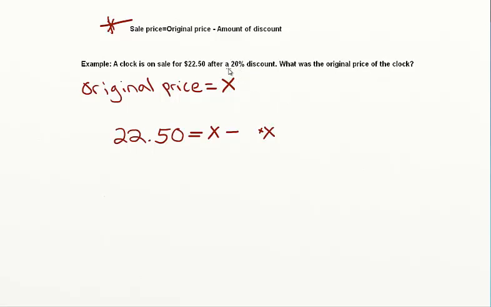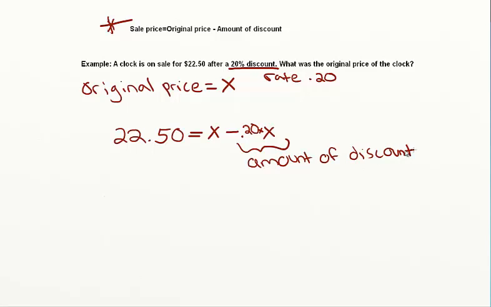And in this case, it's a 20% discount, so that's a rate of 0.20. Okay, so we're going to multiply that 0.20 by x. So this 0.20 times x is our amount of discount. So now we have everything plugged into our equation. Sale price is equal to original price x minus our amount of discount, which is 0.20 times x.